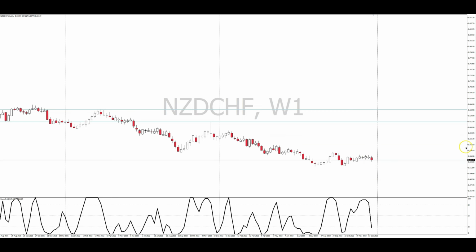So that gives us a good indication that the market probably wants to go down and, at a minimum, retest that low, the swing low of the market. Okay, so we're thinking that the market wants to go back and retest this low. So this is the bias so far for this week.